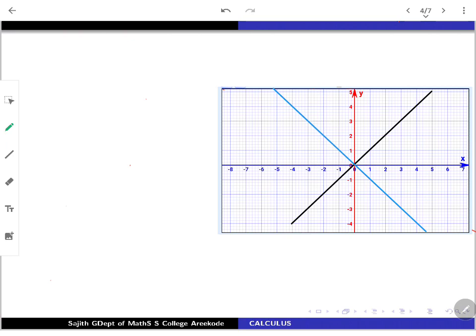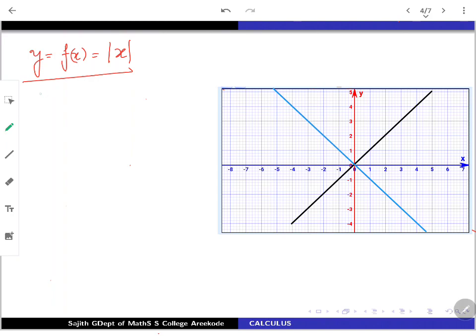We conclude this session of preliminaries by just giving a note on piecewise defined functions. Consider the absolute value function y equals f of x, which is given by mod x. Obviously, it is defined for the entire real numbers. The domain is the full real numbers.